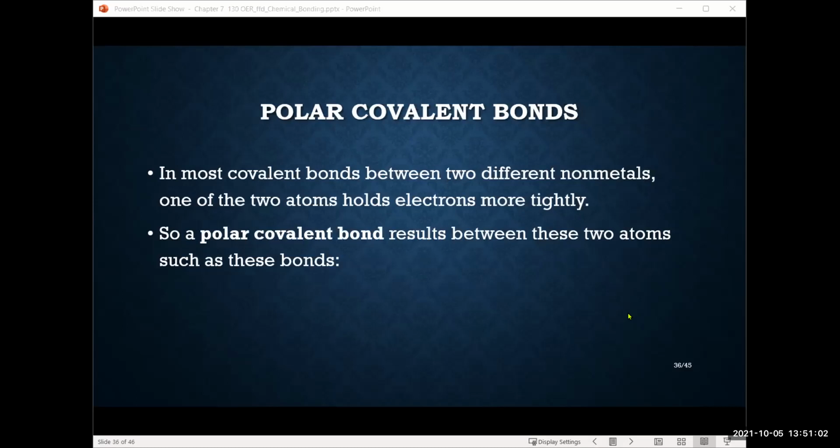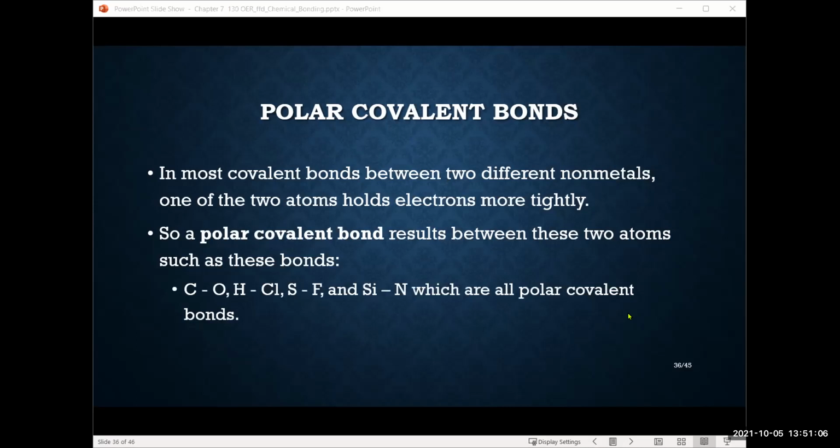So polar bonds are the result of two atoms that are different. And so if you see a bond with two different elements, automatically, unless it's carbon-hydrogen, it's a polar bond, okay? You don't have to look anything up anywhere. You just see that you've got two different elements, okay?